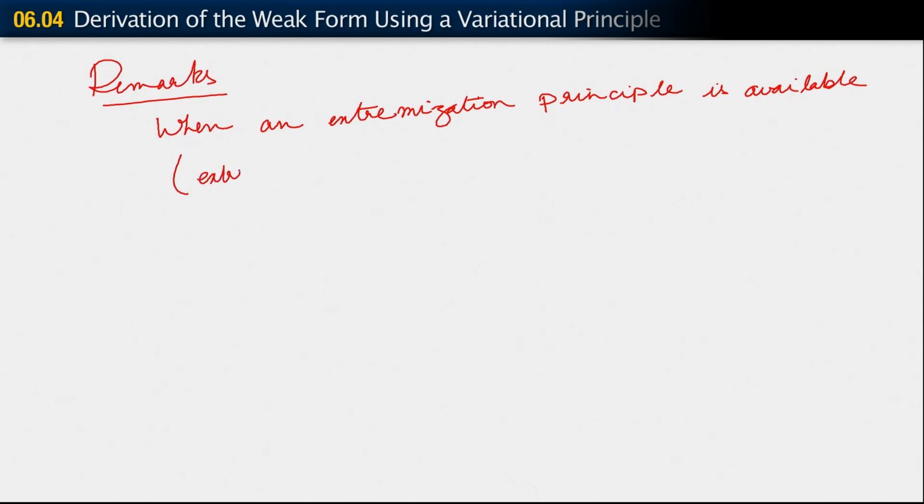It is the extremum or extrema of the free energy.